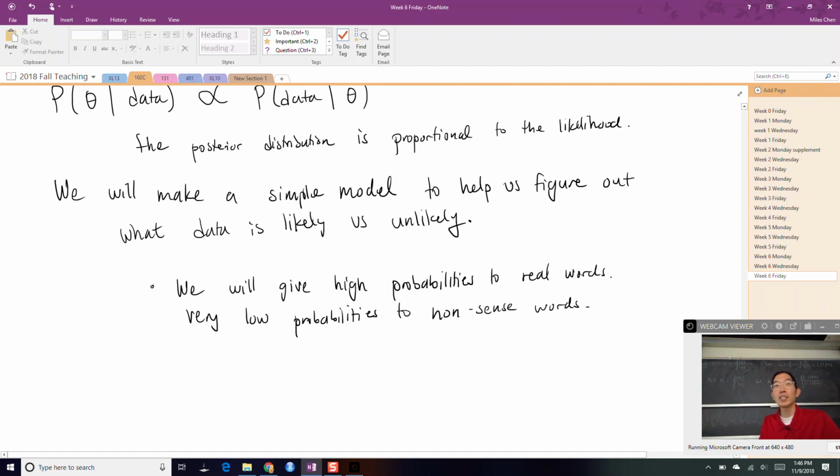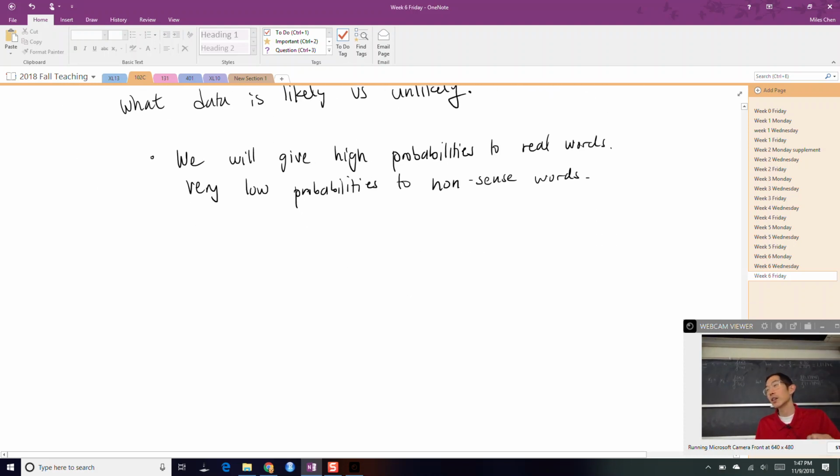It's possible, right? The prisoners might be trying to actually send something and say, do you have the secret XNK? Maybe that's a code word for something, right? So it's not a 0 probability. It's not a word that we would normally use in our daily language, but there is a possibility that they wanted to actually communicate that nonsense word. But we're just going to assign a very low probability to it, okay?